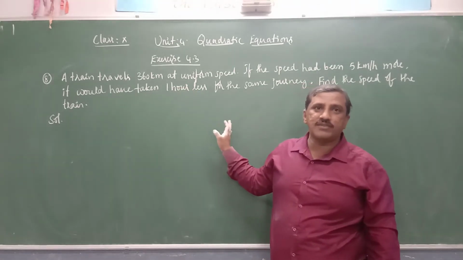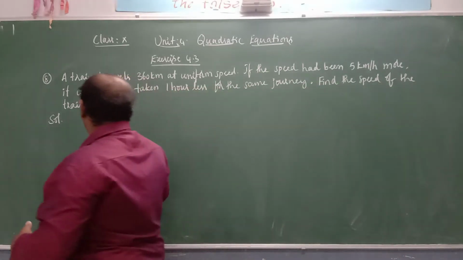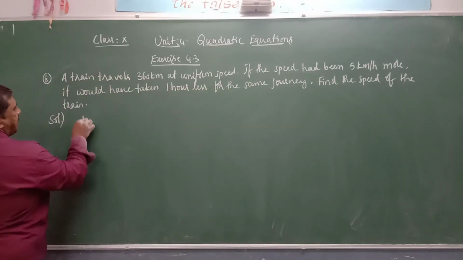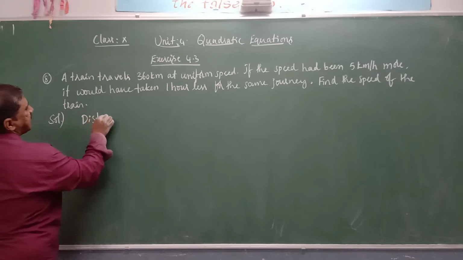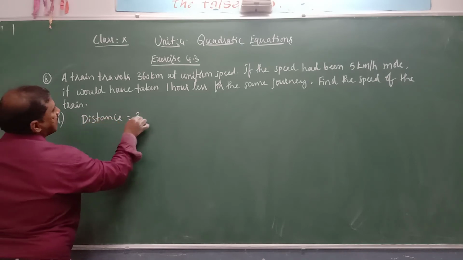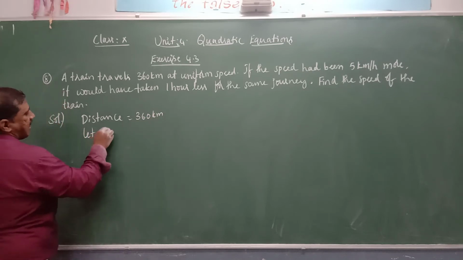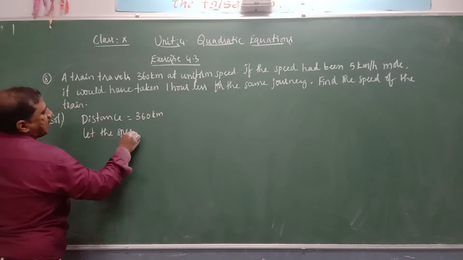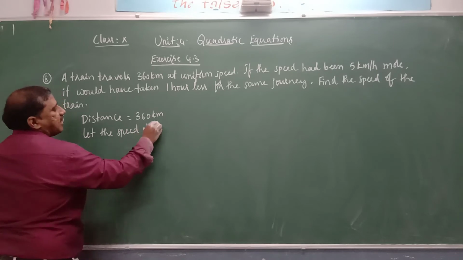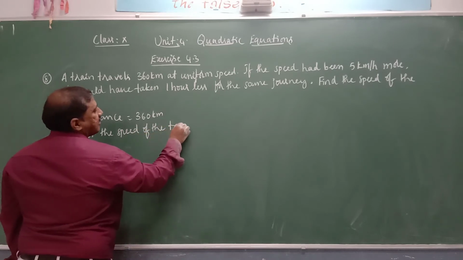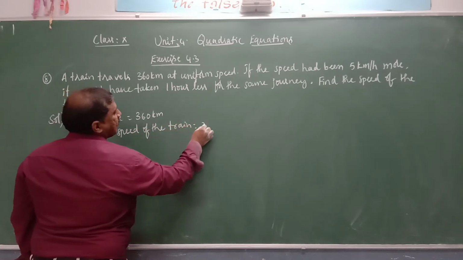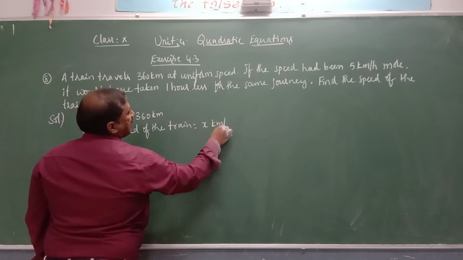Now, the distance to be covered is 360 kilometers. Let the speed of the train be x kilometers per hour.